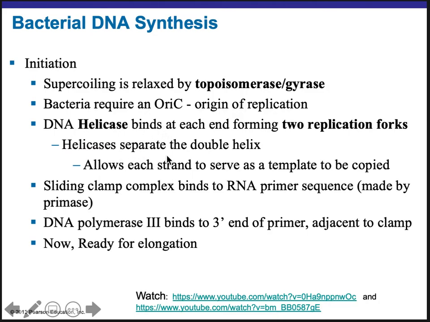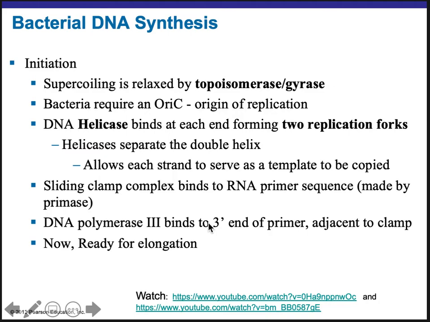Okay, so the helicase separates the double helix, and you'll get two helicases that bind, and that forms two replication forks. This allows each strand of the double helix to serve as a template to be copied. What does the copying is DNA polymerase. But before DNA polymerase is able to attach to the template and start copying, it needs what we call a 3' end to grab onto.